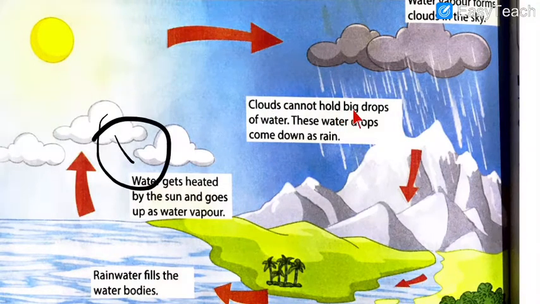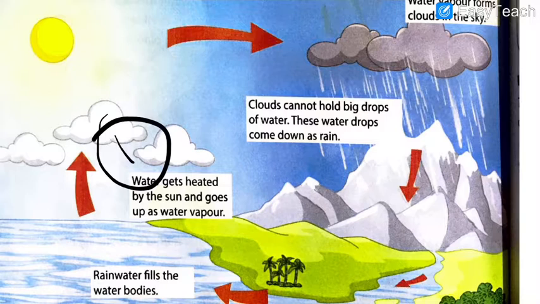This is the reason why at some places on the earth snowfall can be seen, and in some places water falls in the form of rainfall. So the rainwater or the snow fills the seas, rivers, ponds and lakes, and the cycle continues. So this is what happens.